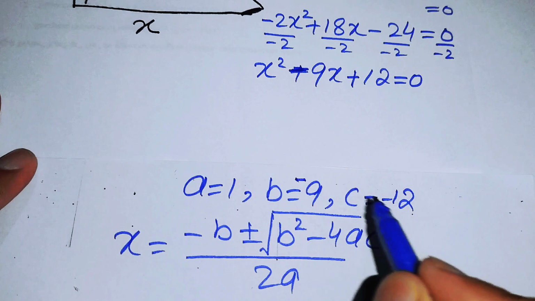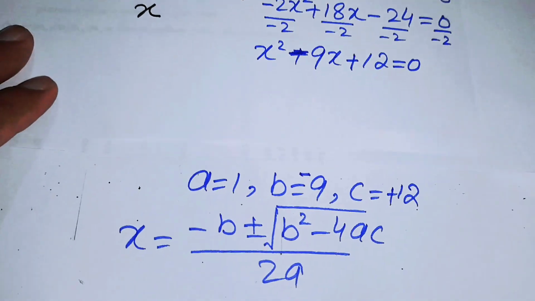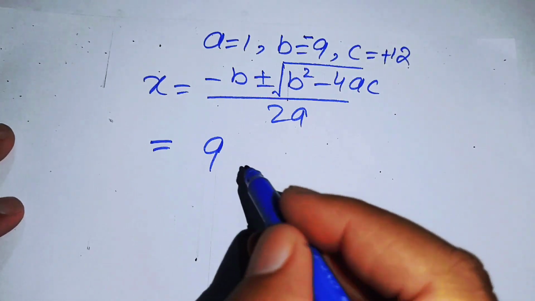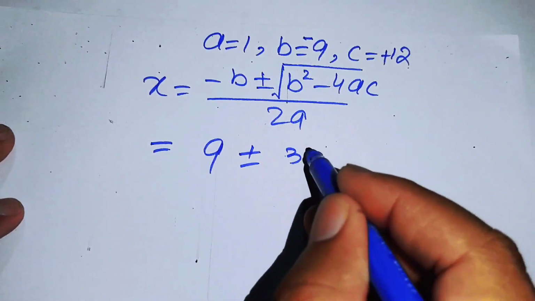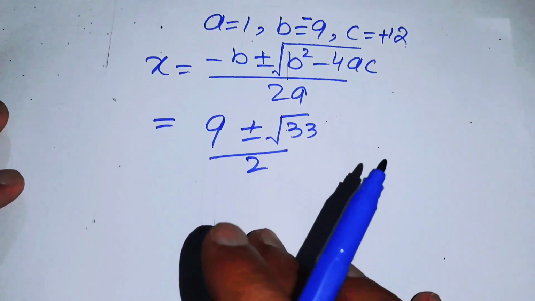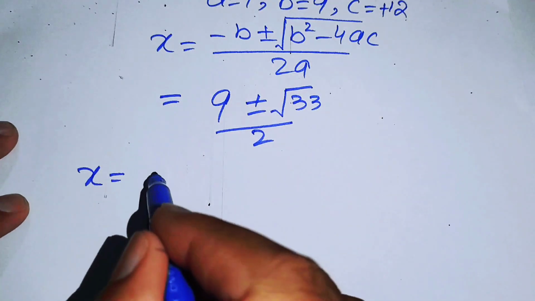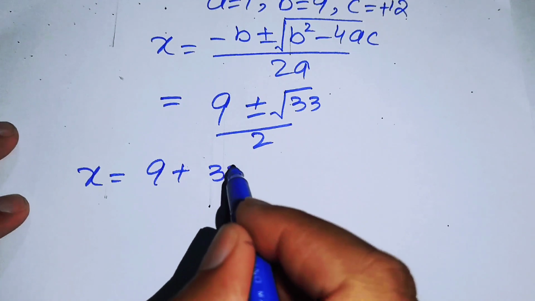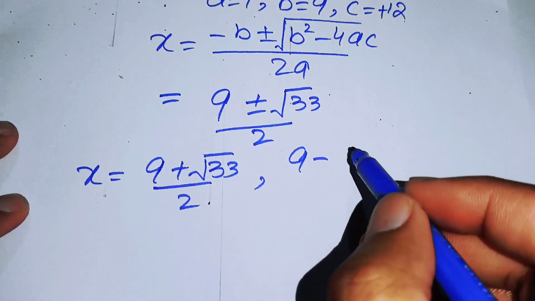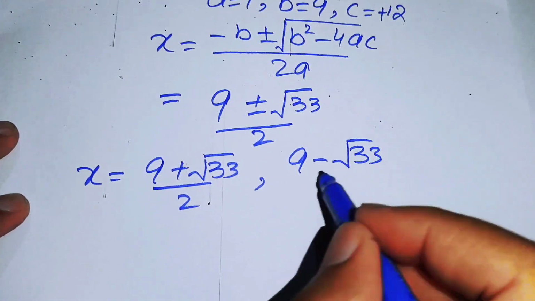So this is minus 9 and plus 12, and now we can put all the values in this formula, and you get 9 plus or minus the square root of 33, over 2. Now we can break the terms, and you get 9 plus square root of 33 over 2 and 9 minus square root of 33 over 2.